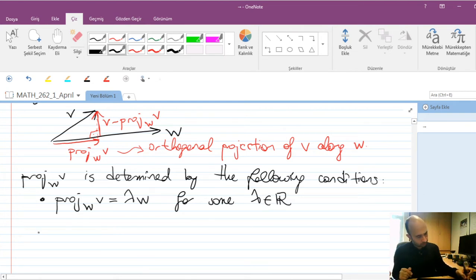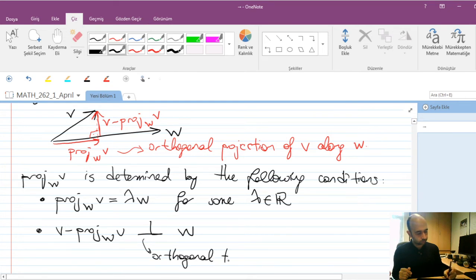And the second is this difference vector, whatever it is, it should be orthogonal to W. So V minus proj_W V is orthogonal to W. This symbol is orthogonal to. Okay, these two conditions will determine this vector in a unique way, as we'll see in a moment.